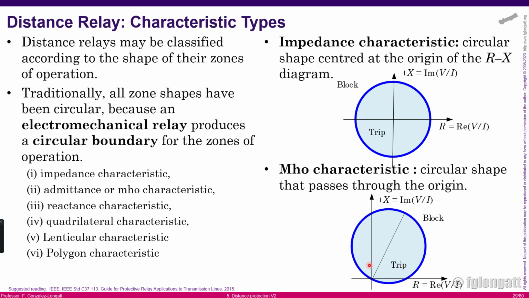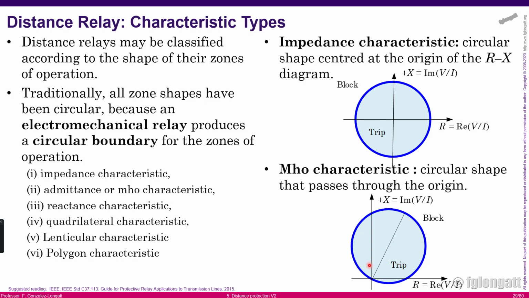Let me try to remember. I think it's 6 point... Well, I don't remember. But inside the IEEE C37, you will find those 6 characteristics, and the description of those 6 characteristics.